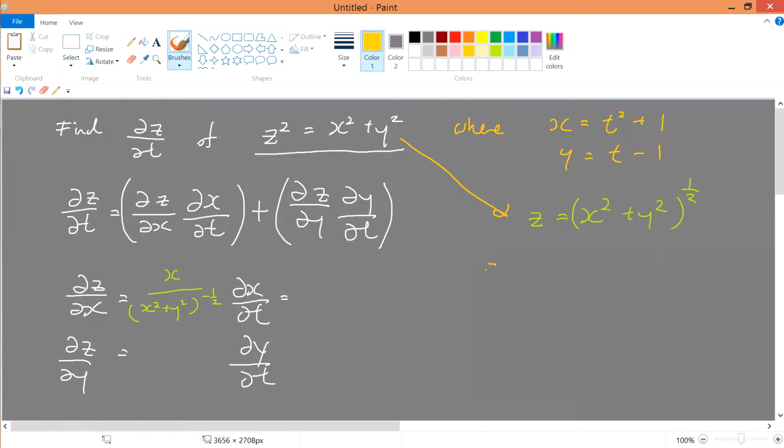I have to bring down the half again. So I have half times x squared plus y squared, and then I differentiate the inner one, so I have 2y, and then the same thing. So I have y times x squared, this is minus half, sorry.